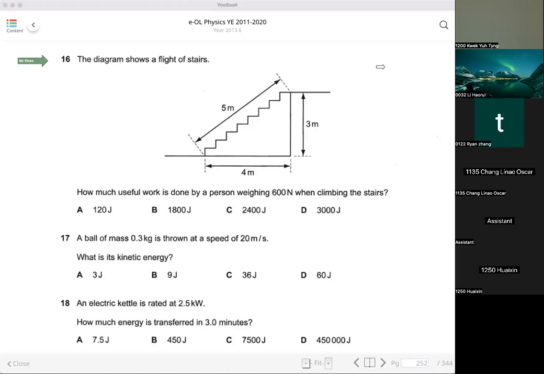Huai Xing, hello. Okay, Bei Kuan, your 17 is correct. Very good.